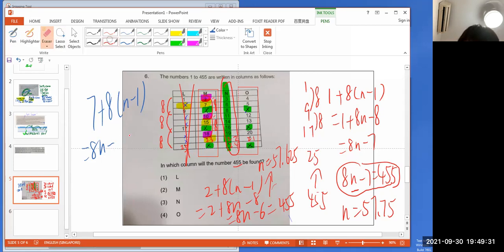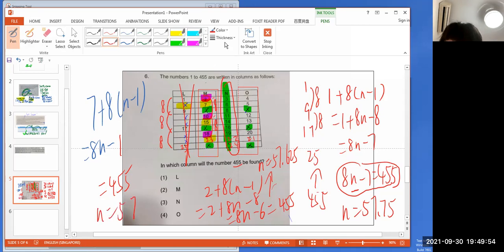Can you help me equate this to 455? It gives 456, divided by 8 is 57. So n equals 57.